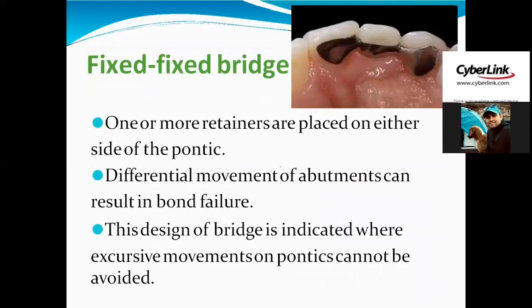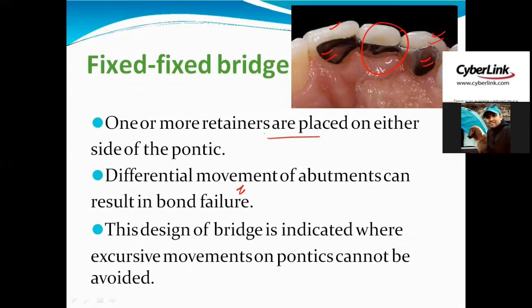Fixed: one or more retainers are placed on either side. In the picture, you can see two retainers, and in between there is a pontic. Differential movement of the abutments can result in bonding failure, because these two sometimes have their own movement.